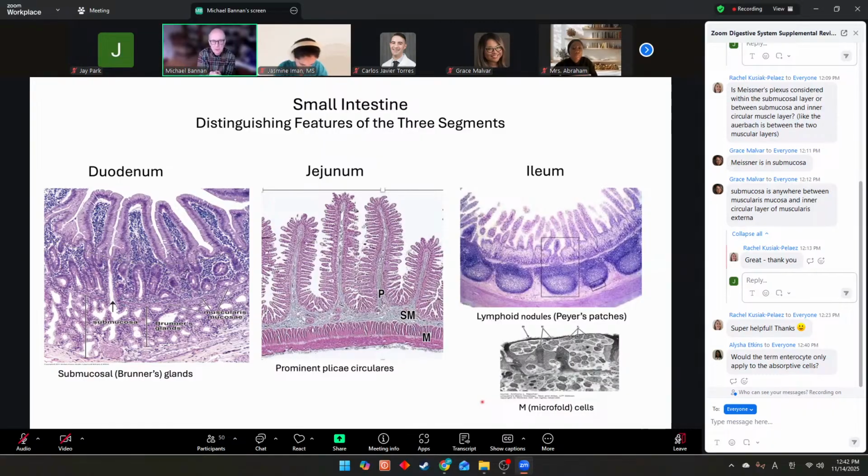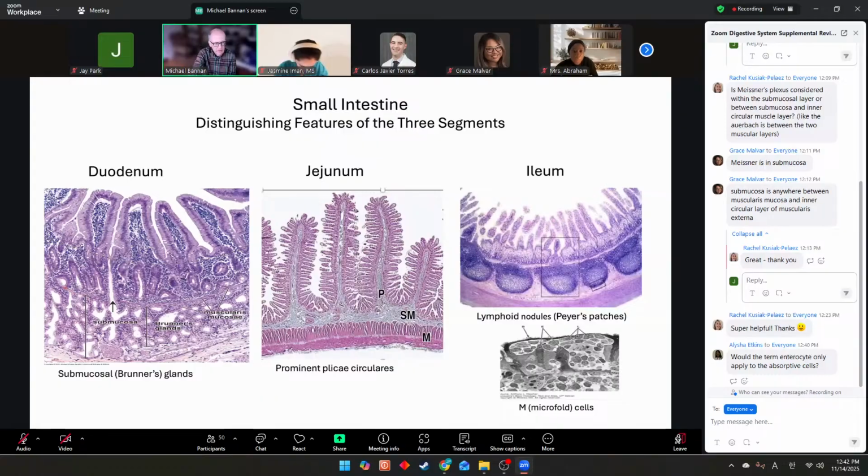On the left image, we have the duodenum, and the duodenum is characterized by very prominent submucosal glands. Remember at the beginning, I said there are only a few sites in the GI tract that have submucosal glands. We already mentioned the esophagus. This is another one, the duodenum. And in this image, the muscularis mucosa, which is the deep boundary of the mucosa, is right here.